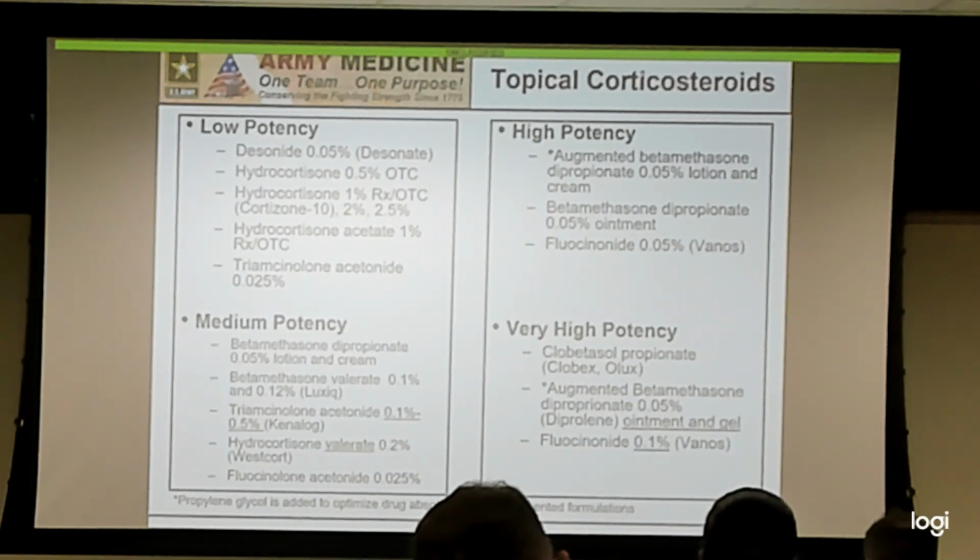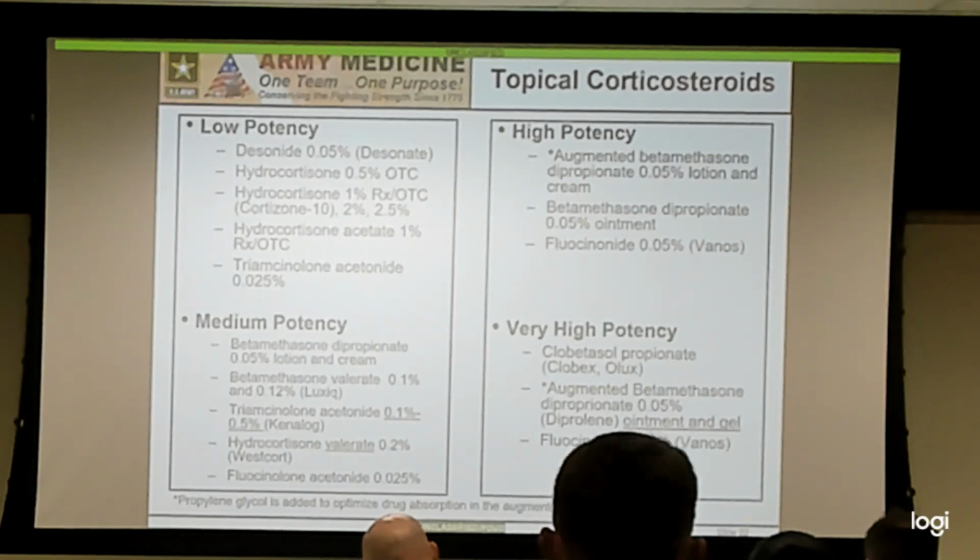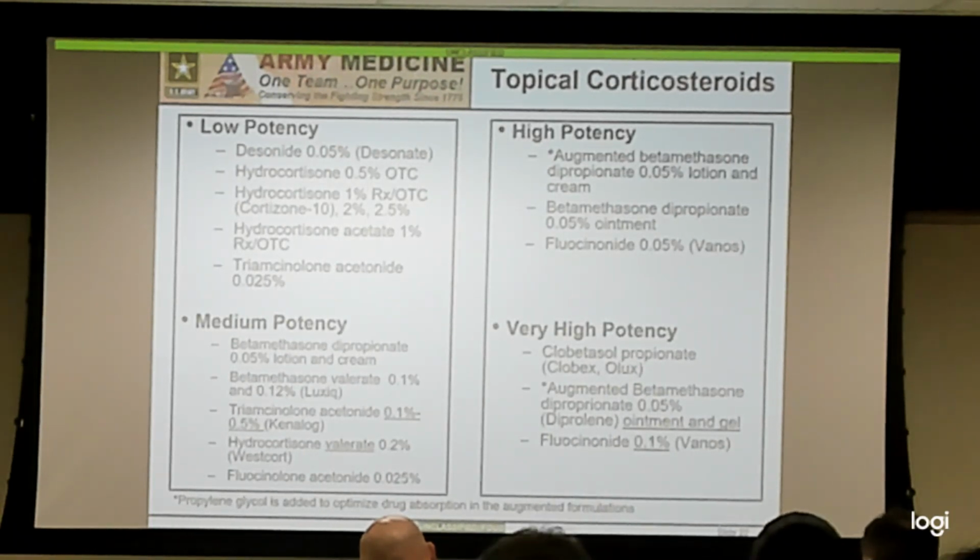So knowing which potency these fall into and what you're using it for, I don't need you to be as familiar with that. I will let you know, hey, the person has this and they need this strength steroid, what medication would you be using, okay? It's more important for y'all to know this than the other one, okay?